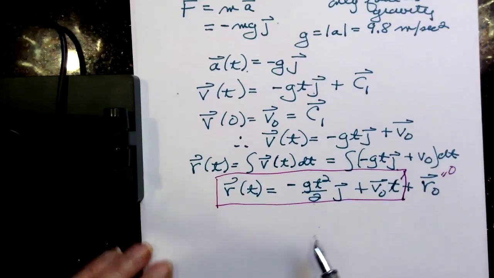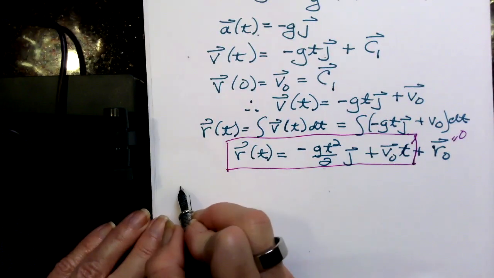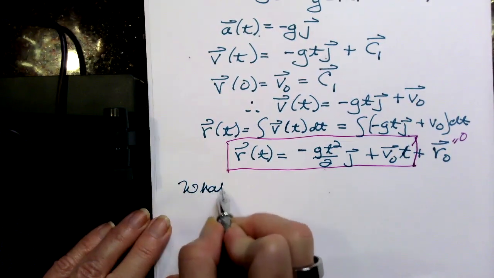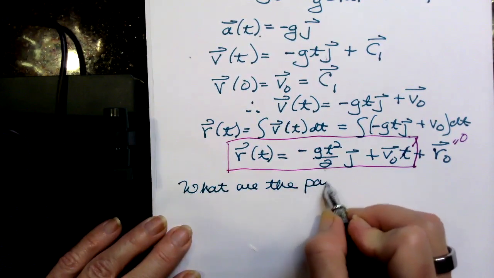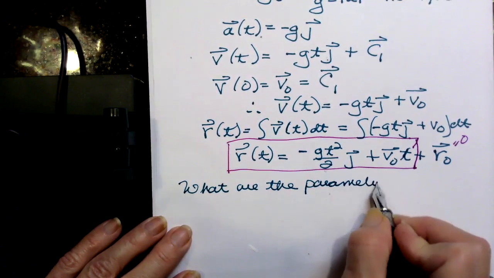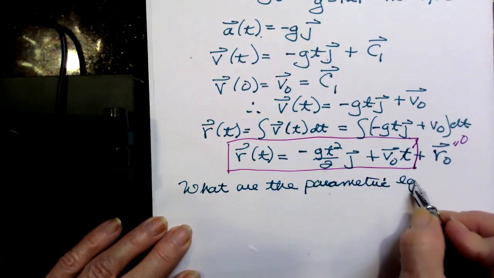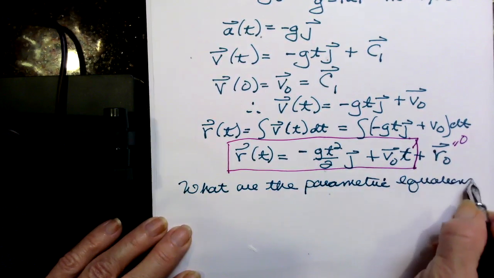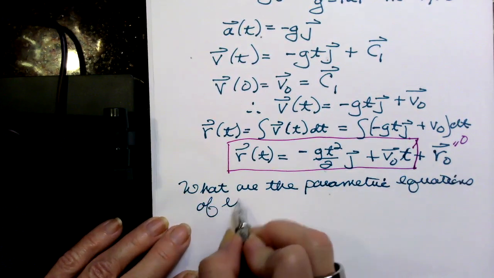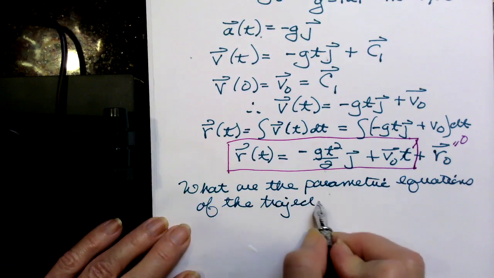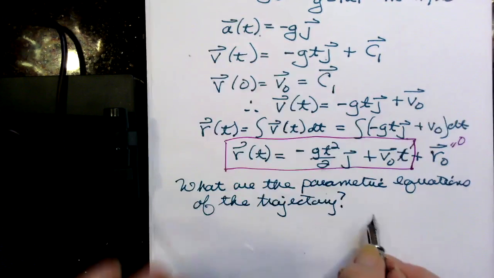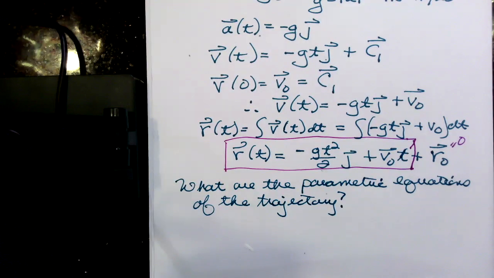All right, fine. But now I'm going to ask, what are the parametric equations of the trajectory? In other words, I want to get it in terms of the x component and the y component.